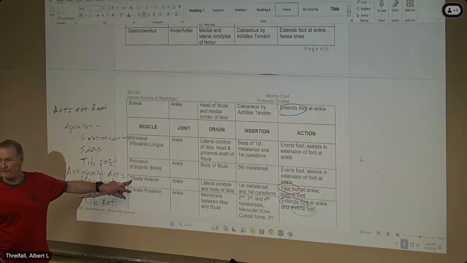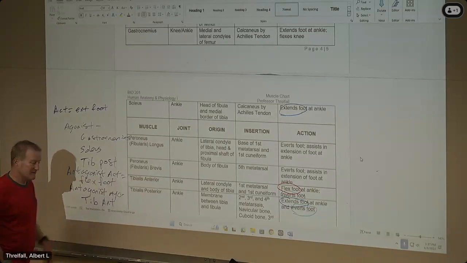They both invert the foot. Are they an antagonistic pair? Why? One flexes and one extends. So now back to the original question. Are they an agonistic pair or an antagonistic pair? Both. Both. It depends on the action.